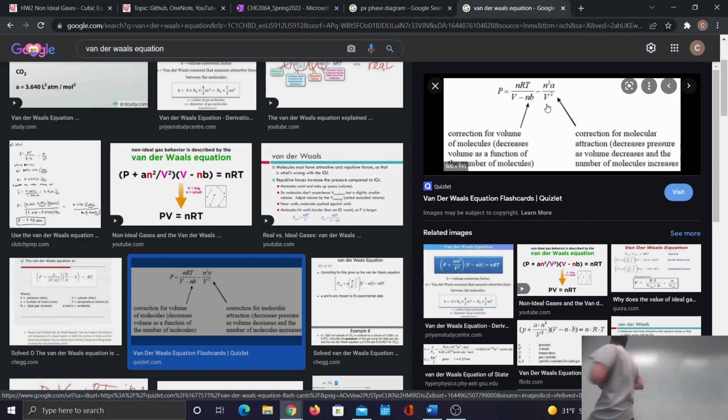The critical compressibility, which we will need later, is an important factor here.